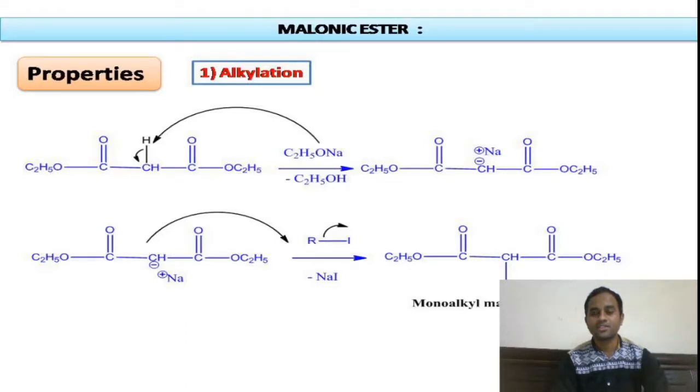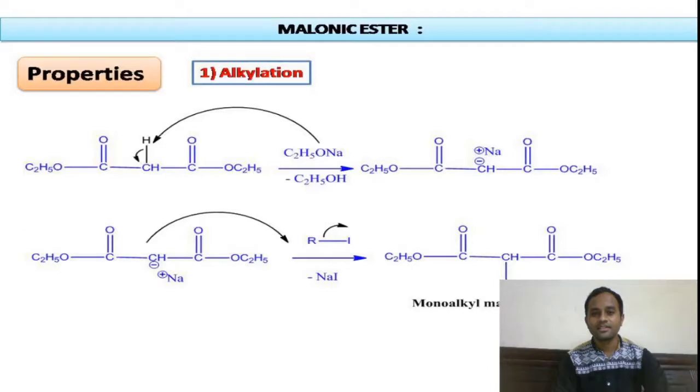This is a resonance stabilized carbanion. Since this formed carbanion is resonance stabilized, we can easily form it by subjecting the malonic ester to the base. This carbanion in the second step further undergoes alkylation at the active methylene carbon to give monoalkyl malonic ester.